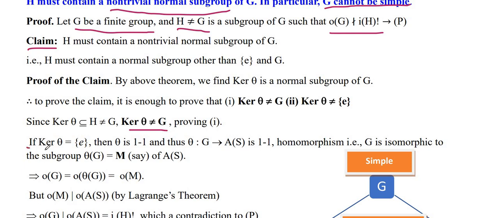And suppose we have kernel theta to be singleton E, then theta becomes 1 to 1. So your theta from G to A of S is a 1 to 1 homomorphism.